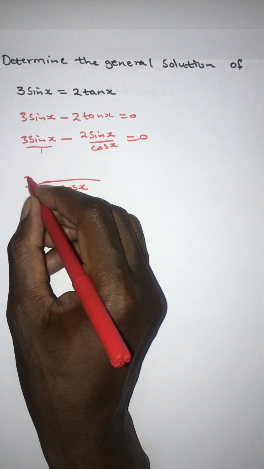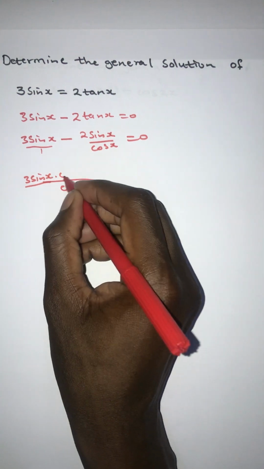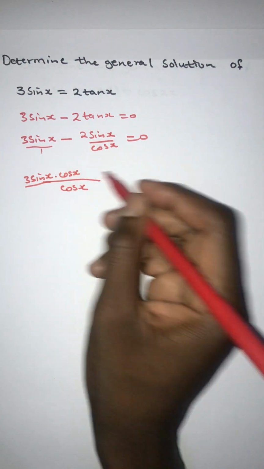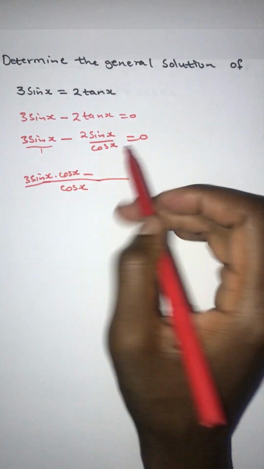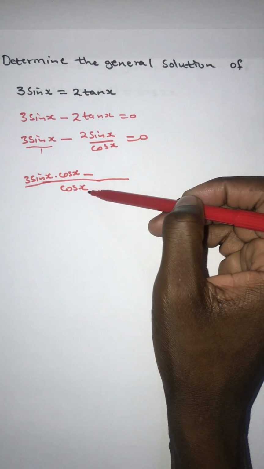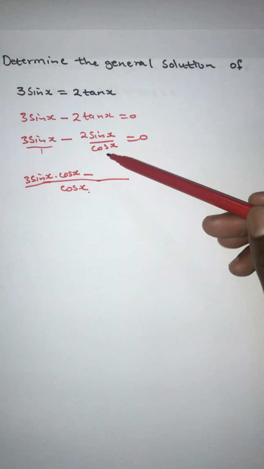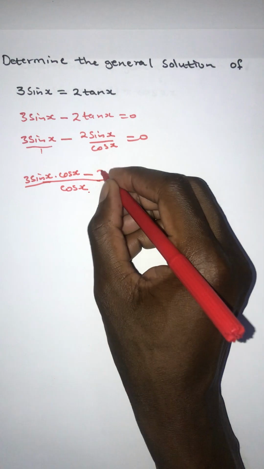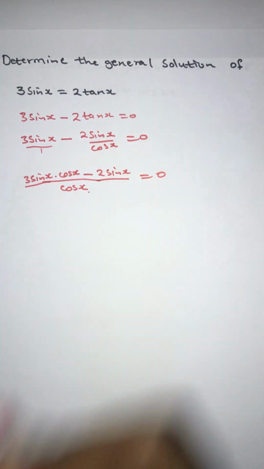This is going to give us 3 sine x multiplied by the cos of x minus, this is the minus, cos of x divided by the cos of x is 1, then 1 multiplied by that, it will be 2 sine of x, then it's equal to 0.